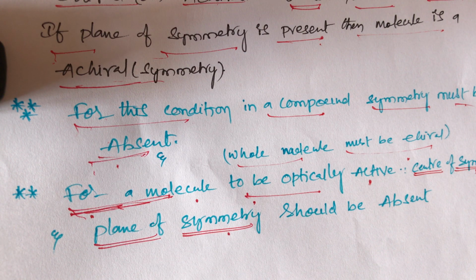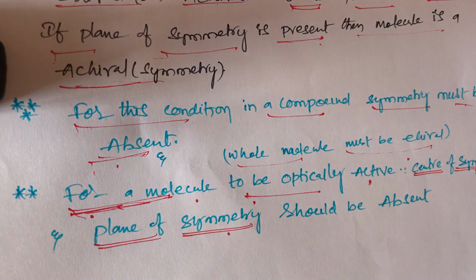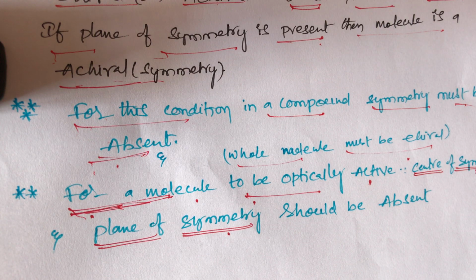If the compound contains a center of symmetry and plane of symmetry, that compound does not show optical isomerism. The compound is optically inactive. That compound is always optically inactive.